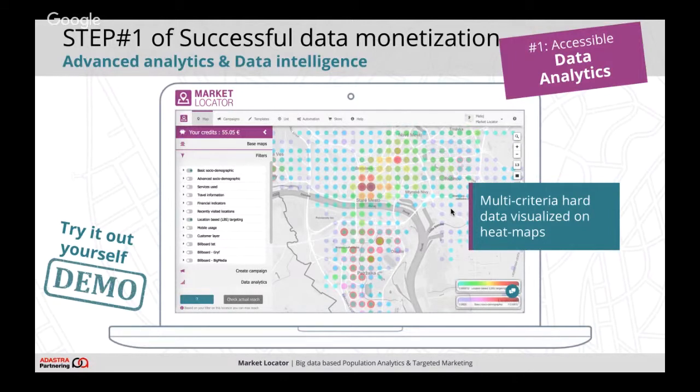So on the one hand side is the accessible data analytics, understanding where people are located, understanding the demographic profiles of certain areas, understanding from where to where people of a certain target group travel, etc. And by the way, you can try the solution out for yourself currently on Slovak Data on www.marketlocator.sk. There's a free trial period, so you can try it out for yourself.